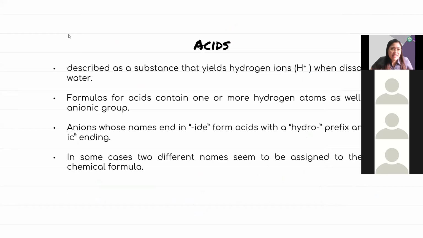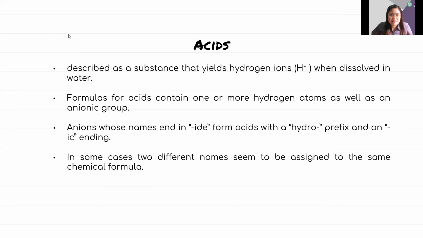And that's the acids. So acids ha, let's talk about the acids. So when you say acids class, gina-describe nato na siya as substance that will give you hydrogen ions when dissolved in water. Acids, chemical that will give you hydrogen ions if dissolved in water.